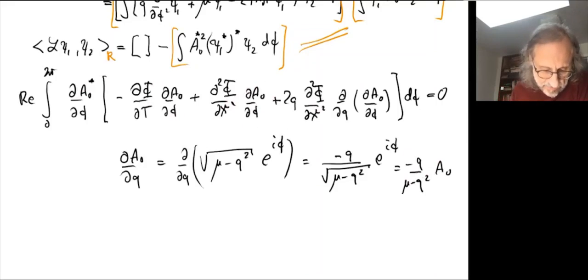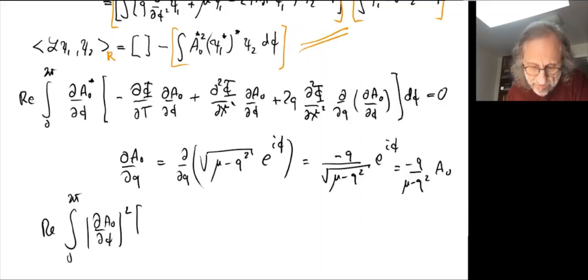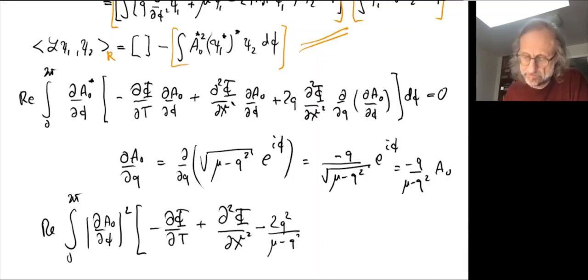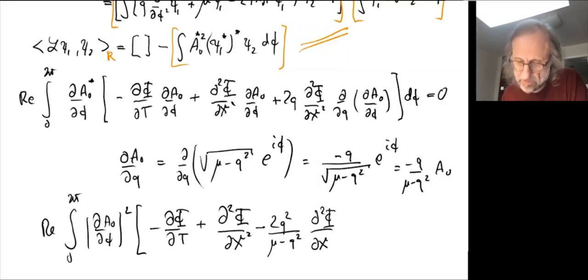So we have dA naught by d phi, absolute value squared, integrated from 0 to 2 pi, times minus d capital phi by dt, plus d capital phi by dx squared, plus, well, not really plus, minus 2q squared over mu minus q squared times d2 phi by dx squared, the end integral equals 0.